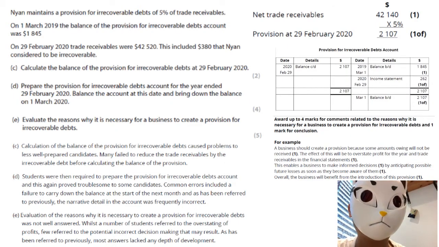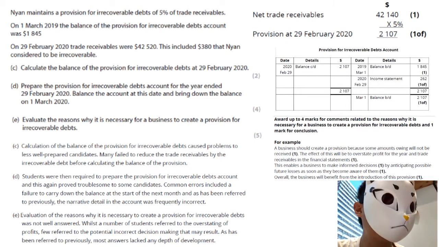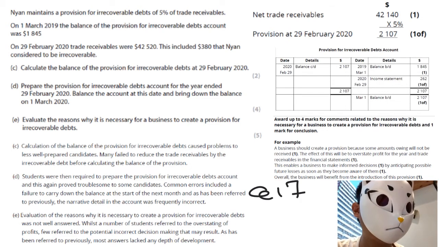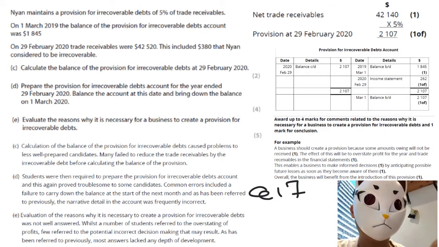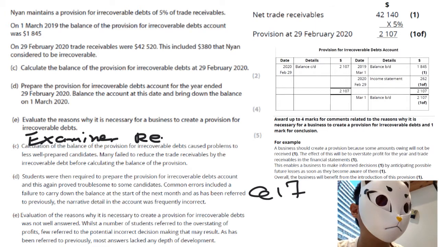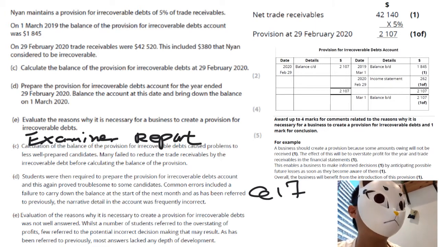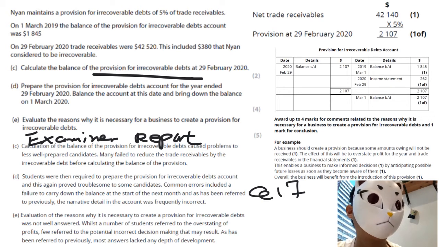We are going to talk about question 17. This question is about bad debts and recoverable debts. The principal examiner report stated that starting from part C, candidates do not perform very well. So we will take a look at parts C, D, and E. For part C, we have to compare the provision for doubtful debts.